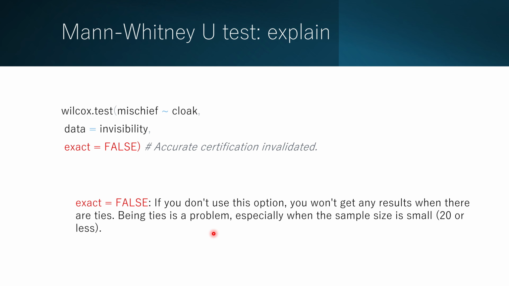Having ties is sometimes a problem, especially when the sample size is very small. We do this because our data has ties, which can sometimes cause problems for the exact calculation.